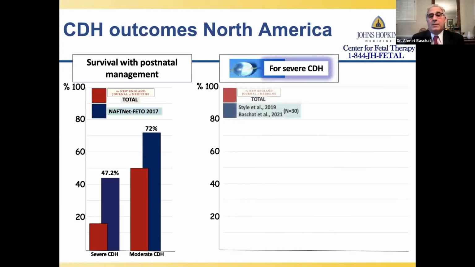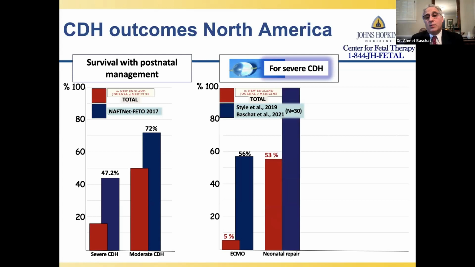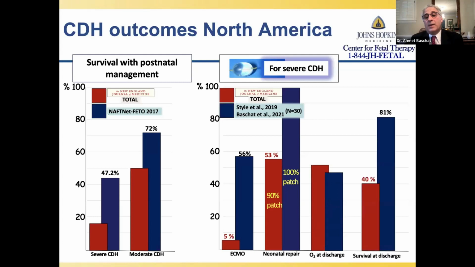When we look at publications from US centers, including Hopkins as well as Baylor, we have a higher percentage of babies that benefit from ECMO treatment. We can take all of our babies to successful surgical repair, and there's comparable lung function at discharge, but significantly higher overall survival.